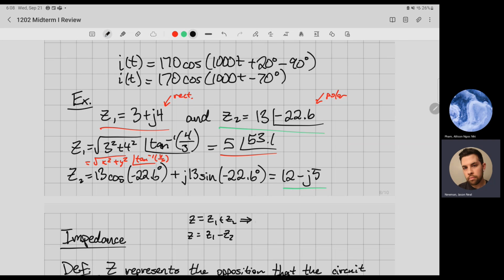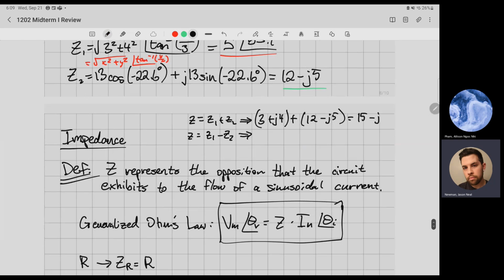So we would take 3 plus j4 and add 12 minus j5. You can just literally add those together. So 3 plus 12 would be 15, and then we would have minus j. And if you subtracted them, you'd do the same thing, but you would just subtract them.